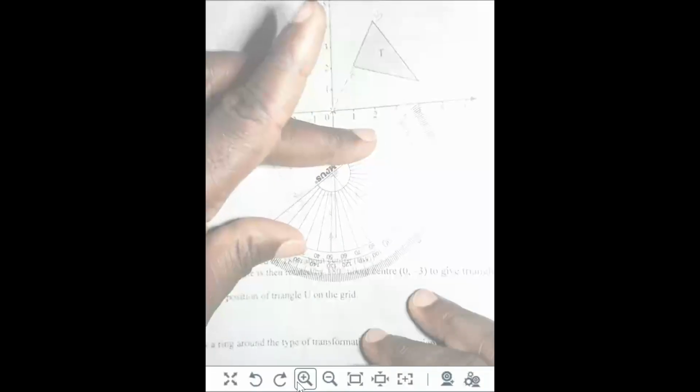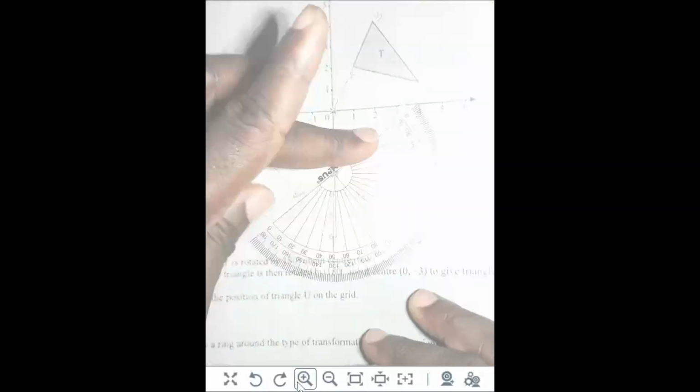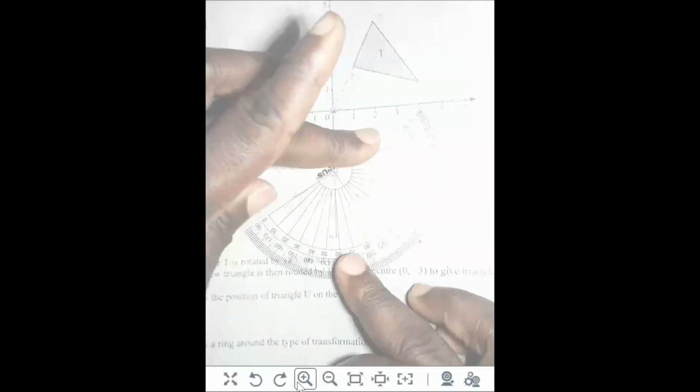Center at the center of the protractor on the center of rotation. Then 0 degree will be on C prime. Okay, then let's measure from here 0 to 180. This is 0. Then it comes up here. Okay, so this will be the direction of 180 degrees here. So this is the point here to measure that.